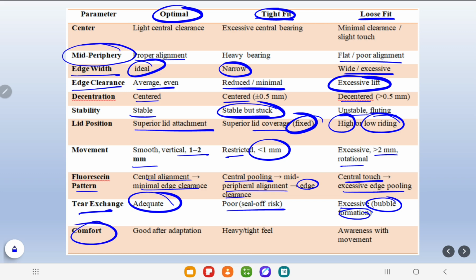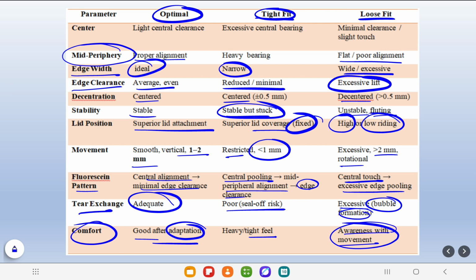For comfort, that's a very important point. Optimal is good after adaptation for a long time. Tight fitting is initially comfortable, but it will show its true colors after some time, difficult after, for example, one or two hours. Loose fitting gives awareness with movement, and it's difficult for patients from the very beginning.